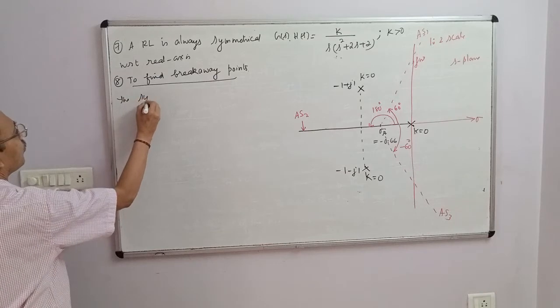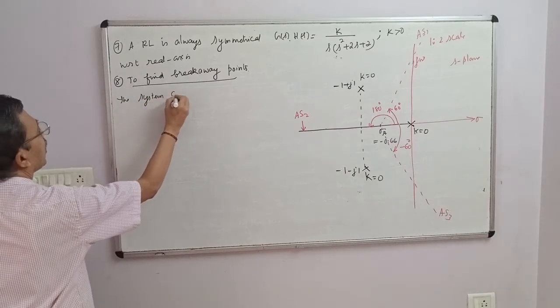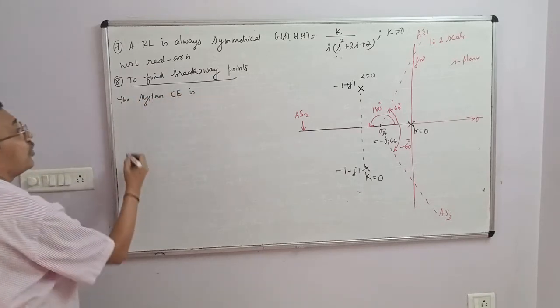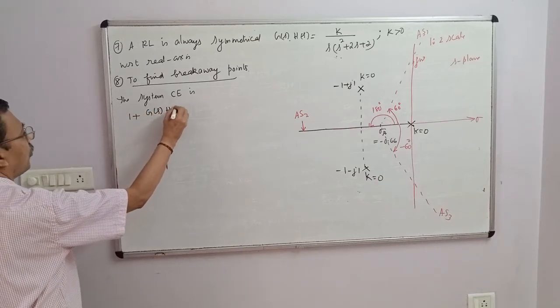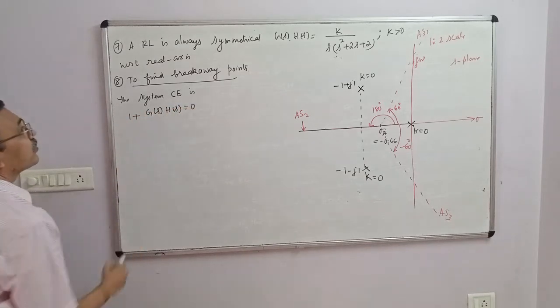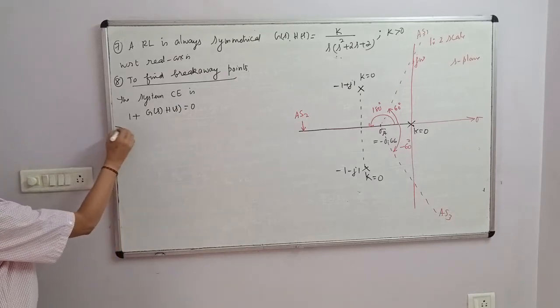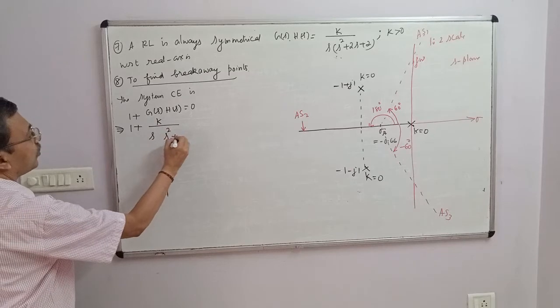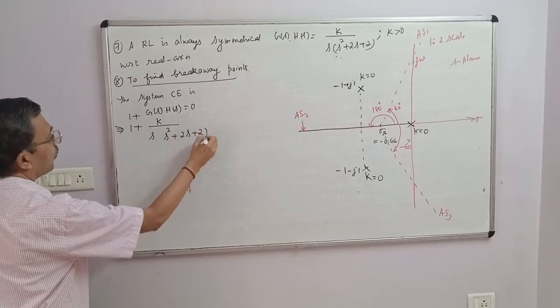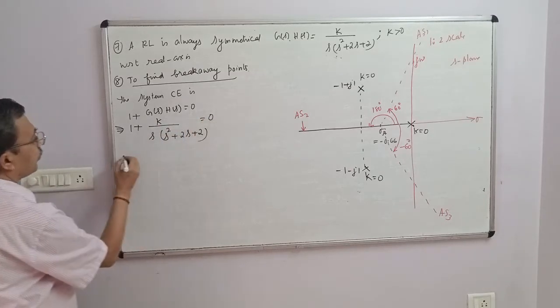The system characteristic equation is 1 plus G(s)H(s) equal to 0. This implies 1 plus k divided by s into (s square plus 2s plus 2) equal to 0.